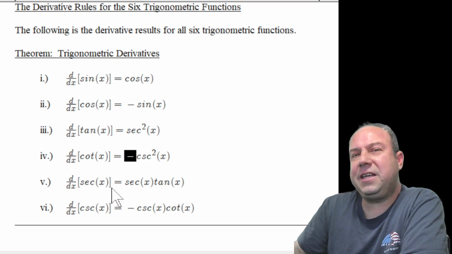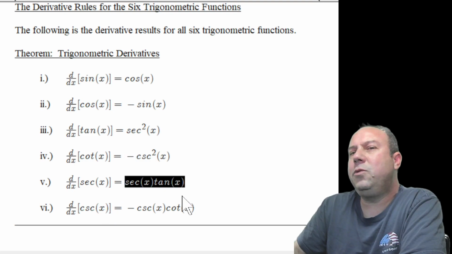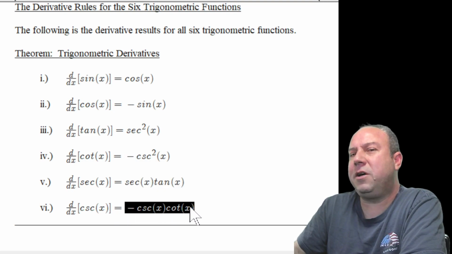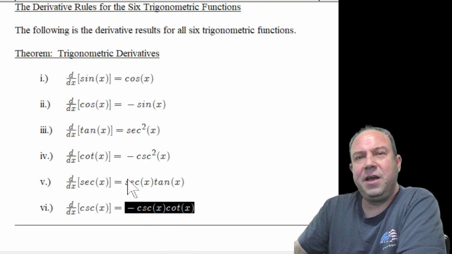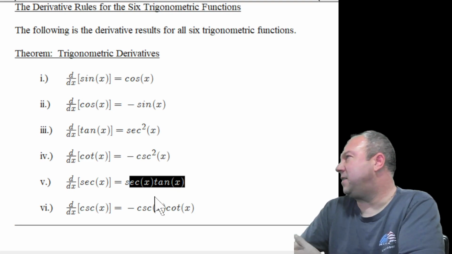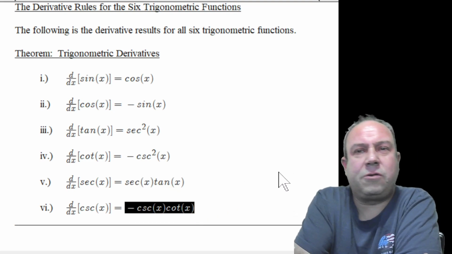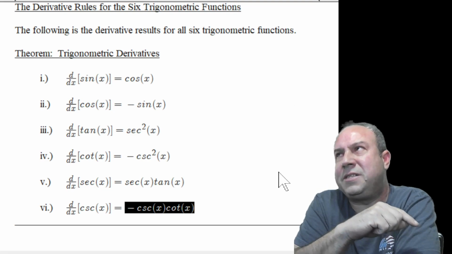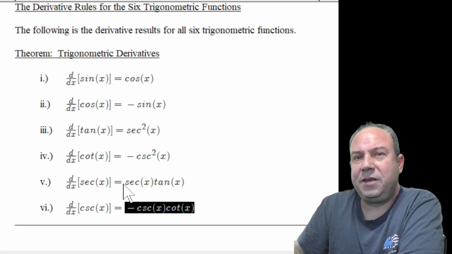And then for the secant cosecant cofunction pair, we see the following results that are also cofunction pairs. Right? The derivative of the secant being secant x tangent of x, and the derivative of its cofunction, the cosecant of x, being the opposite of the cofunctions for that derivative result.